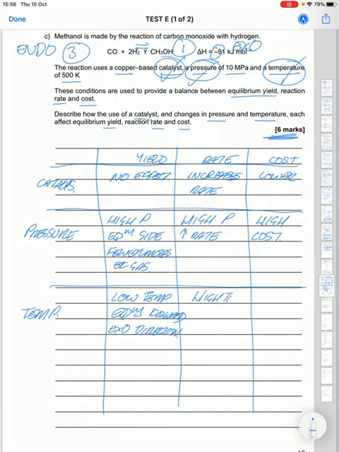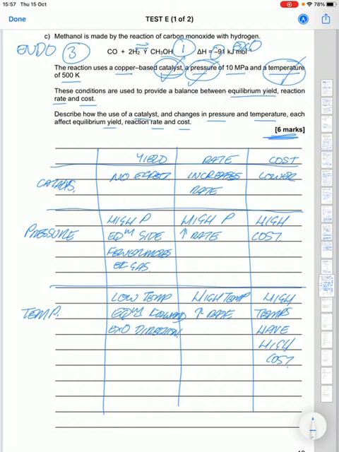I want a high temperature for the rate, to increase the rate, and high temperatures are costly. So for the temperature, it's probably somewhere in between.